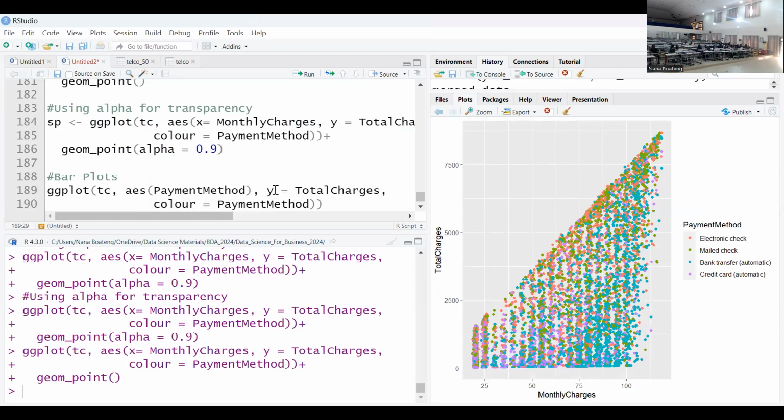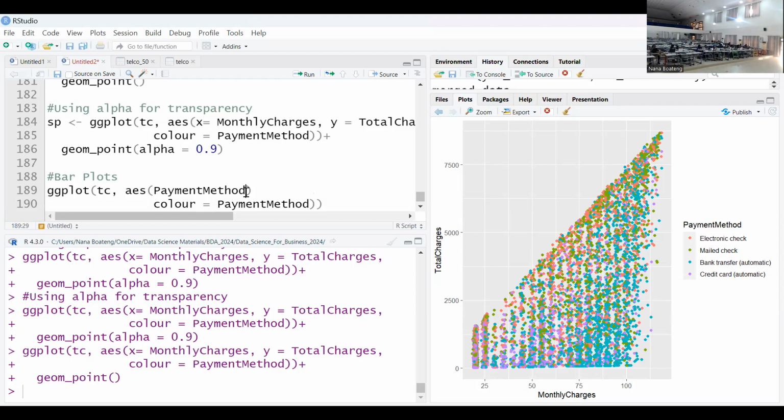So every plot has the type of argument it takes. A bar plot will normally give you counts of your categorical variable. Remember that we have different types of payment method. It takes only one argument, so it's payment method, because it will give you the count.